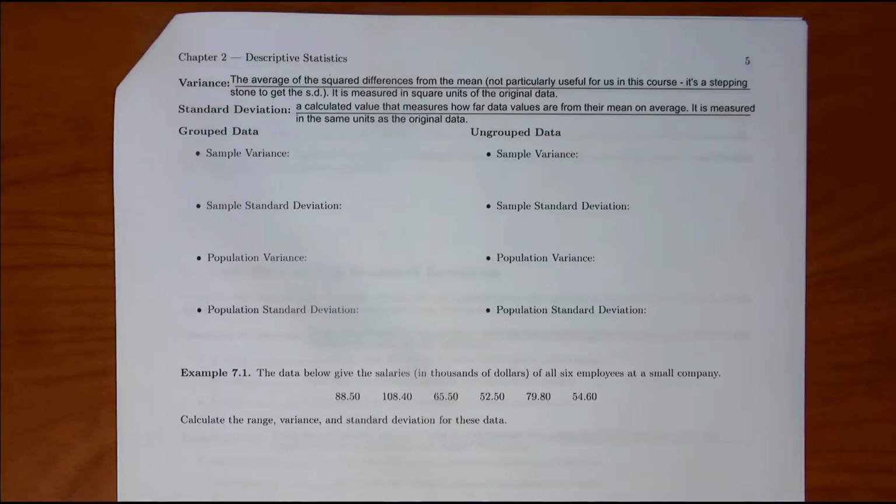And I put here in parentheses, it's not particularly helpful for us in this class. Basically, we use it as a stepping stone. That's not true in general if you went to more advanced classes, but for us in this class, the only reason we calculate variance is to then immediately get standard deviation.